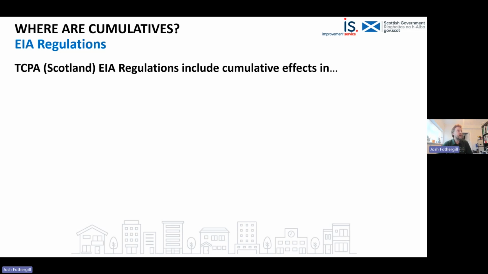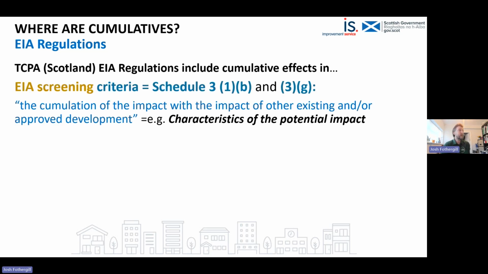So let's quickly take a look at where these sit within the regulations themselves. Where do we actually see reference to cumulative effects? Well, not in the regulations, as in regulation 1, 2, 3, etc. It comes in the schedules, and they're referenced particularly in relation to screening.